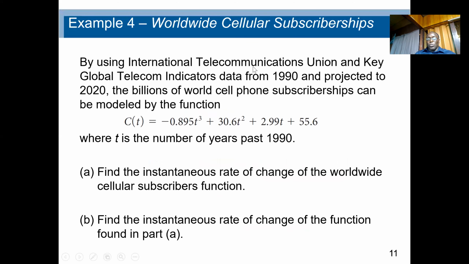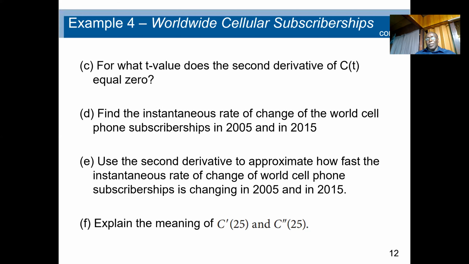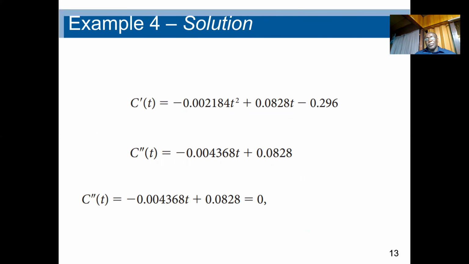Let's make sure there's 2.99. Yeah. So we find the first derivative, the same concept, then the second derivative. Then our condition, we equate it to 0.